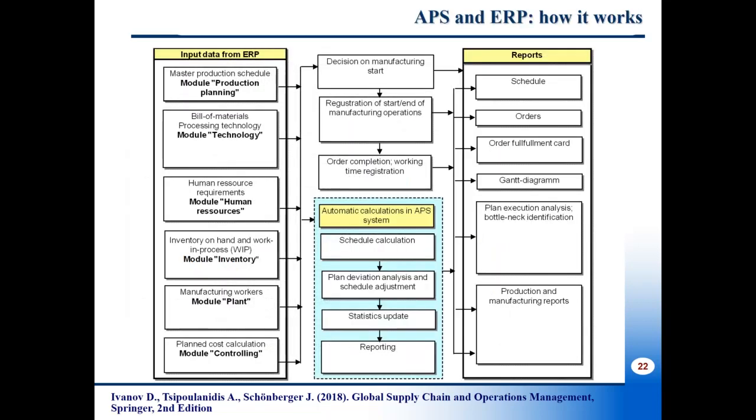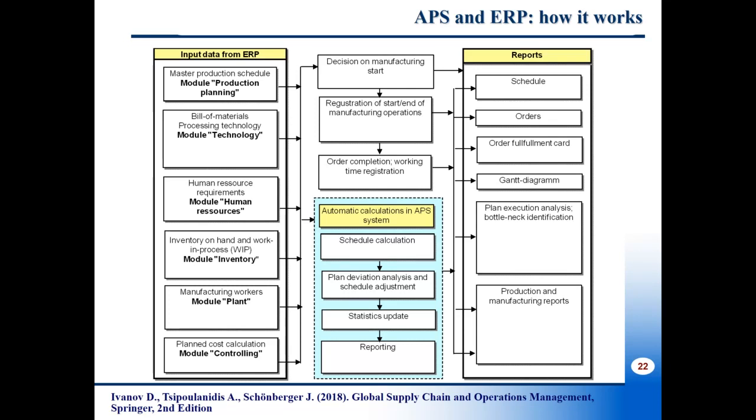Okay, however, APS and ERP are well connected. So how does it work? In the figure in our slides, the ERP system provides data necessary for operating APS. For instance, the module operation planning will give input into decisions on manufacturing start.